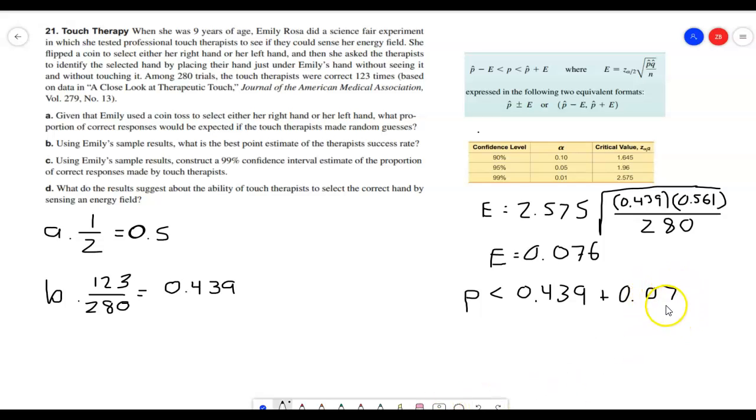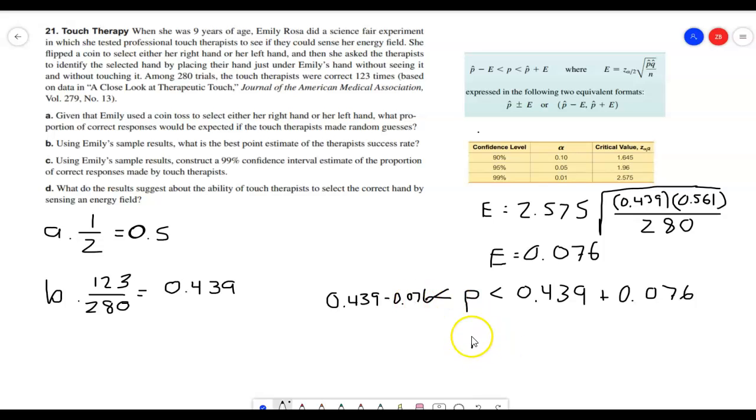And it's also going to be greater than that 0.439 minus that error, 0.076.